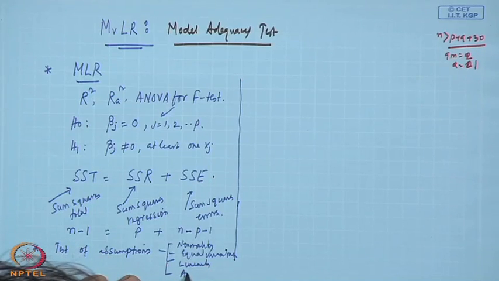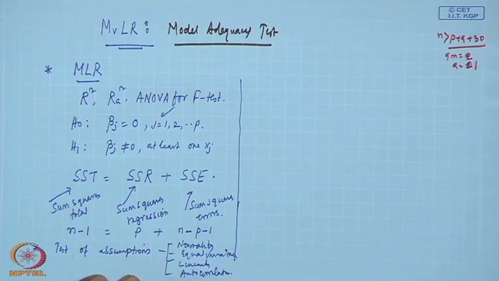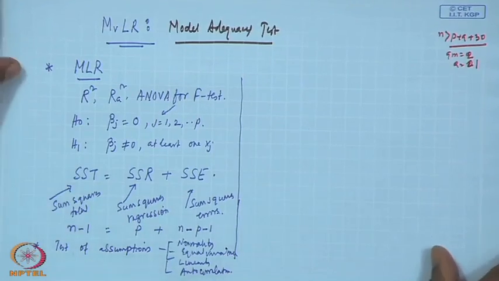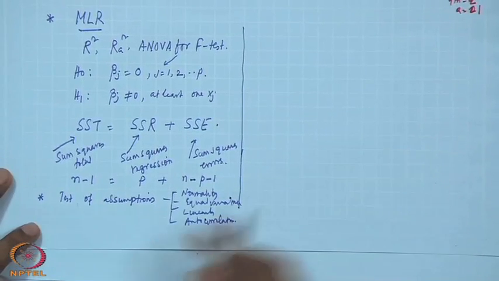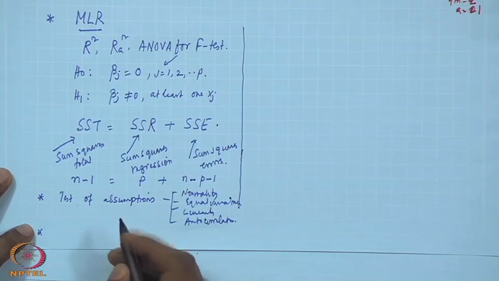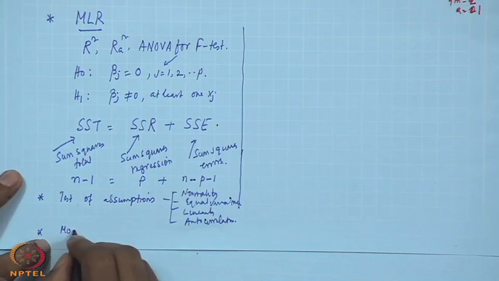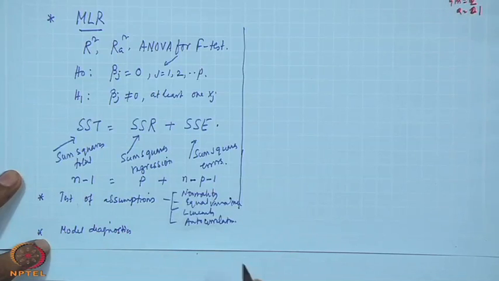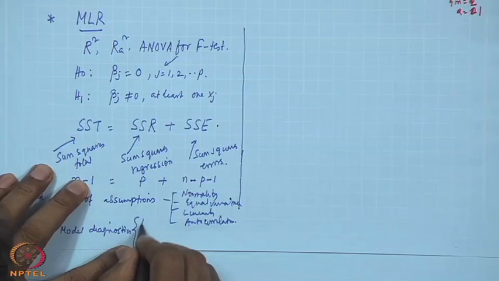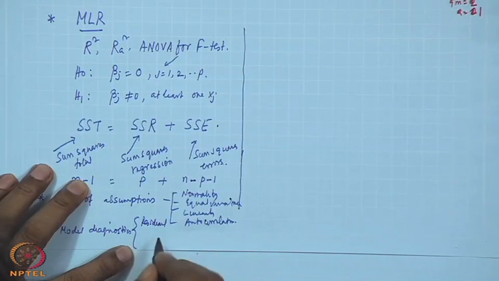We have also tested for autocorrelated errors, the autocorrelation test. You can remember this. In addition, we also did something called model diagnostics, which basically comes under residual plots.